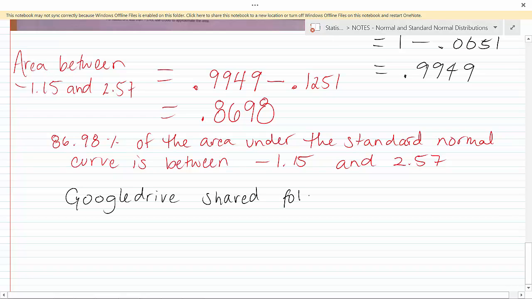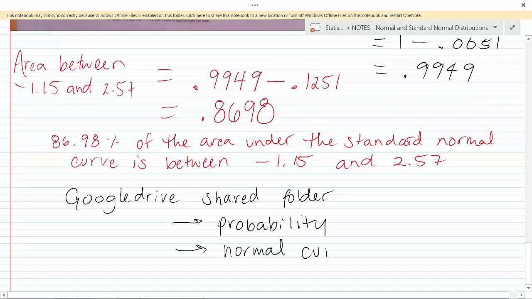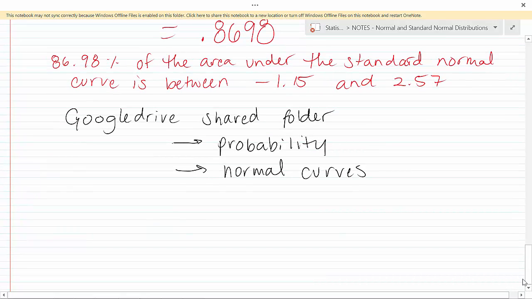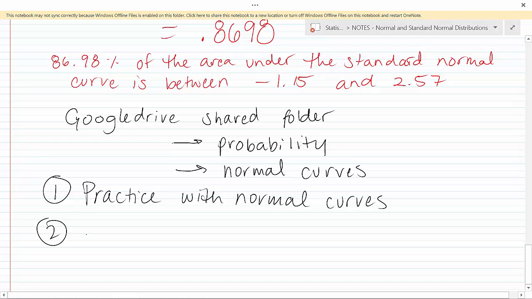And you can get to them by going to our shared folder, choosing probability, then going to the subfolder called normal curves.